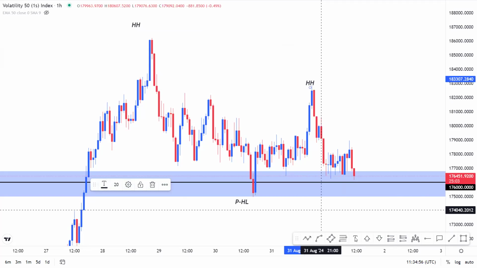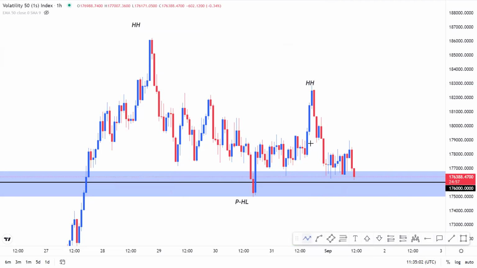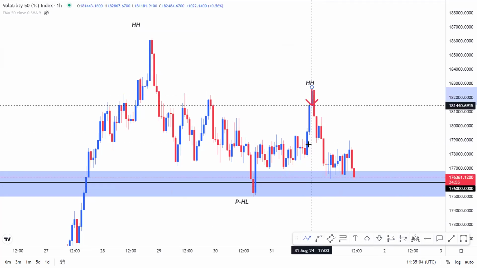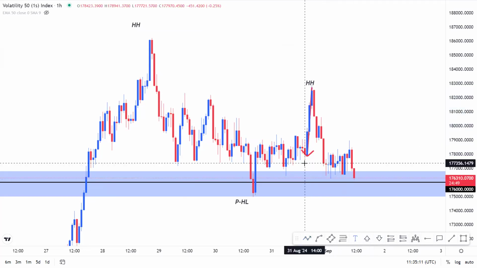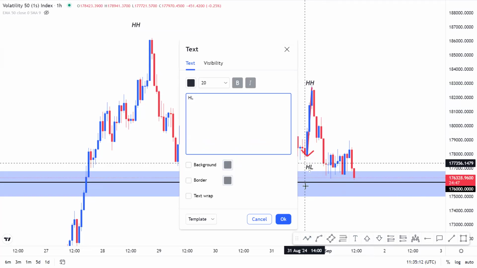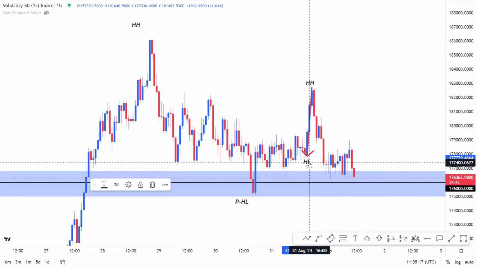So you just trace that to find the support that led to that high. You can see that's this level at about here. So this becomes a higher low. This becomes a higher low. And now what can you see?